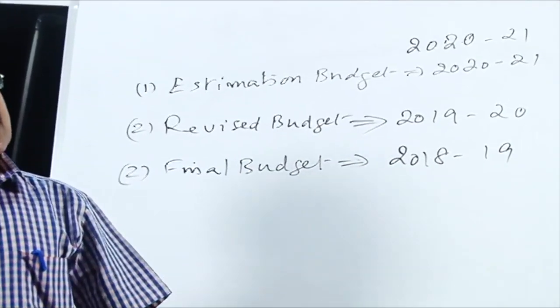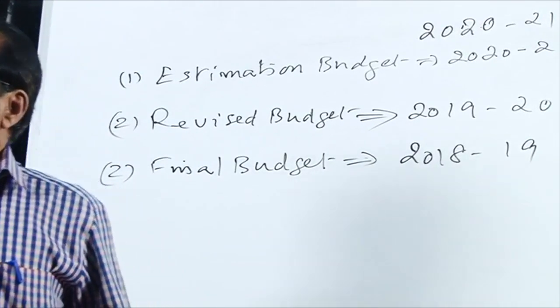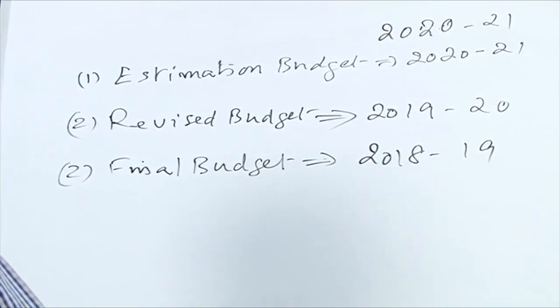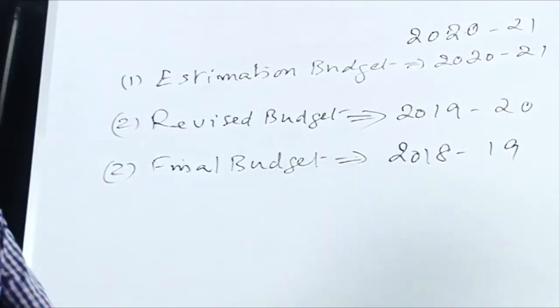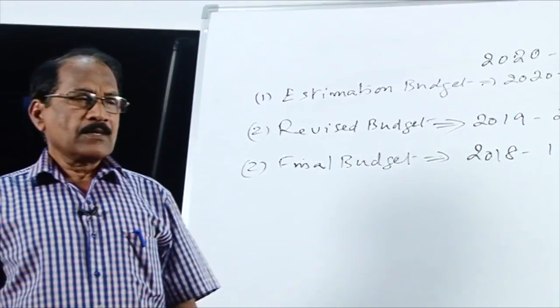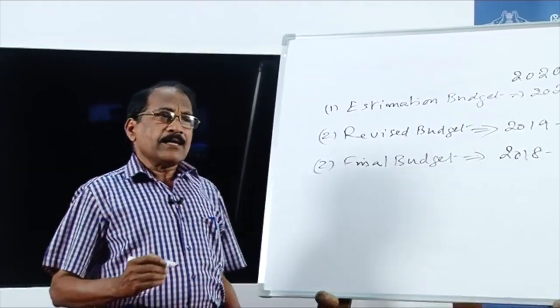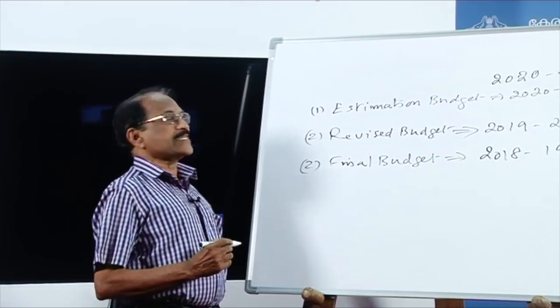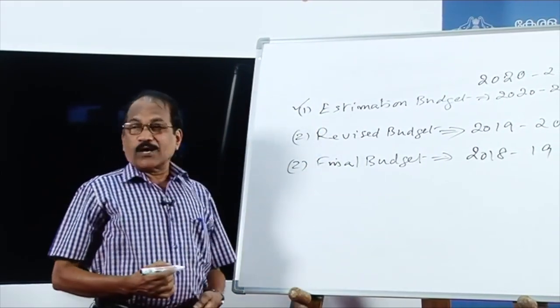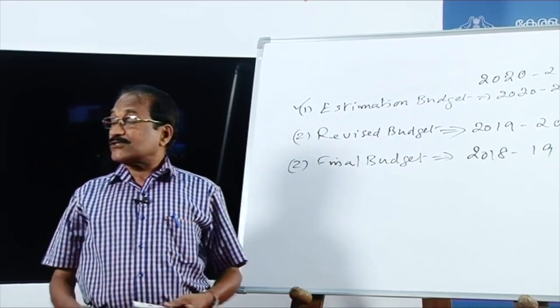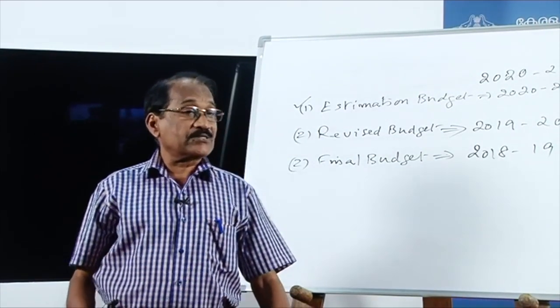All these three budgets are presented during the time of budget presentation, the budget session. All the three budgets we are presenting. But as a layman, the general public is interested only in the estimation budget. What the government is going to do in the next financial year is the most important question.